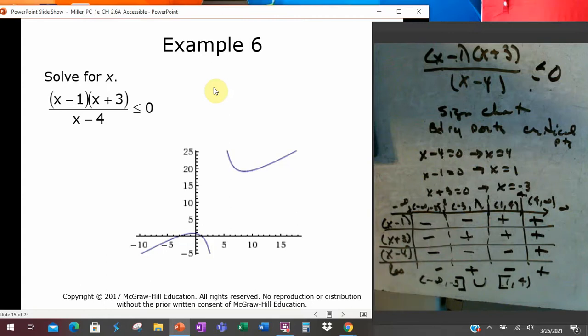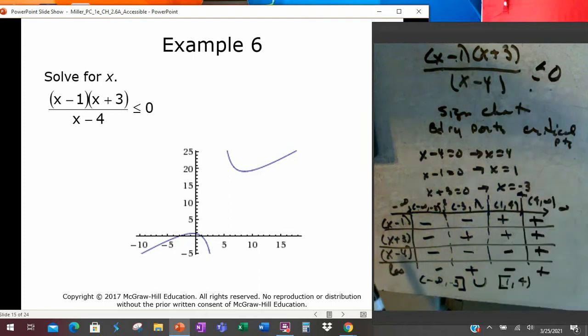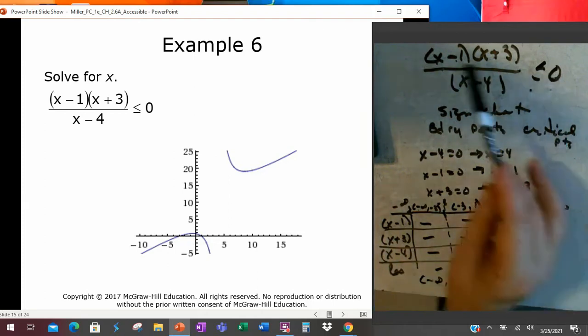Okay, so again, the reason we like to do this is because we can go through all of the different variations of here. Where's this equal to 0?